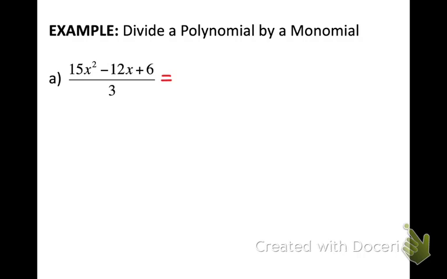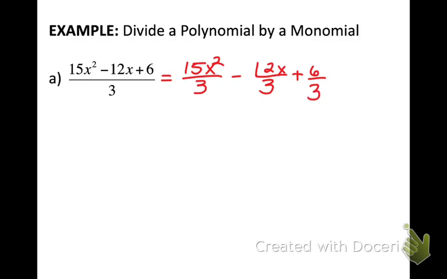We can separate this into 3 different components. I can take my 5x squared and divide that by 3. Then I can put my minus 12x, divide that by 3. And then my plus 6 and divide that by 3.